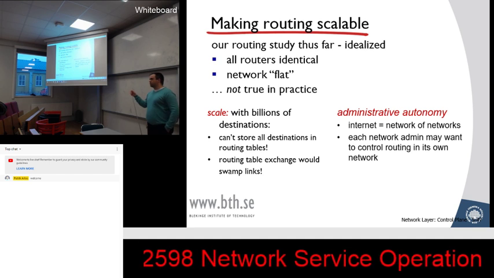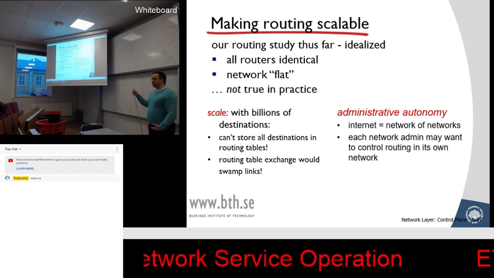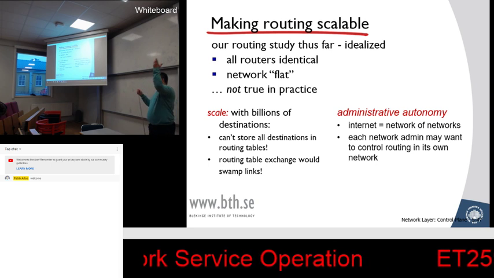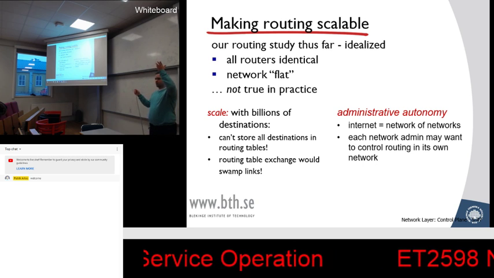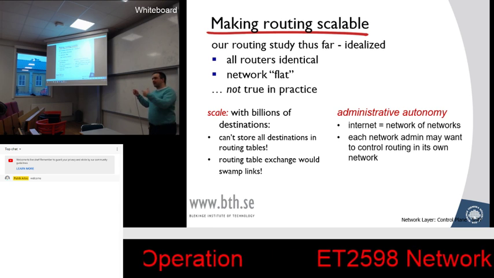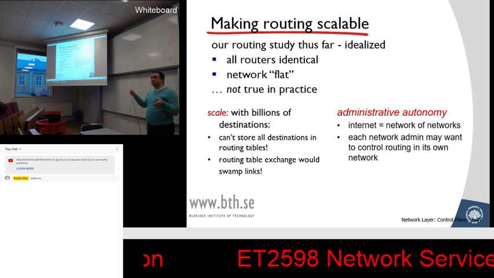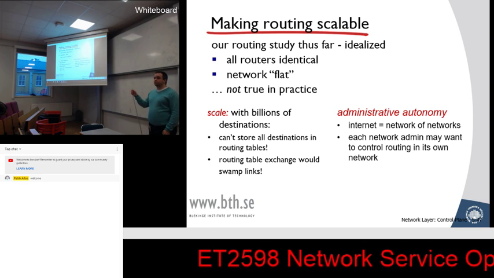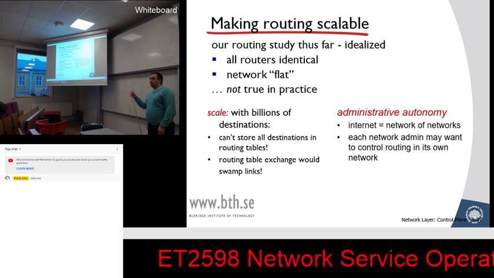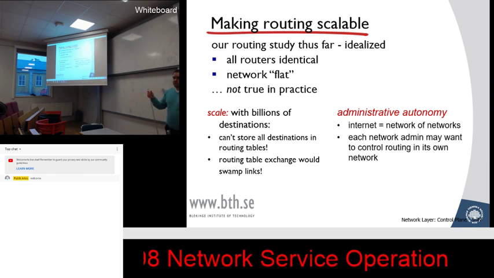Because when we get a packet, the time it takes us to go through the entire list of entries in our routing table will determine how fast that packet moves out on the other side. And we want to make sure that that is as small as possible. If we have a large routing table or forwarding table, that will take time.